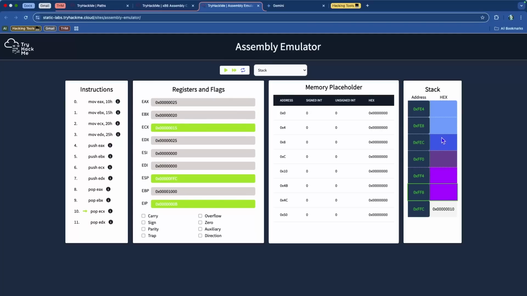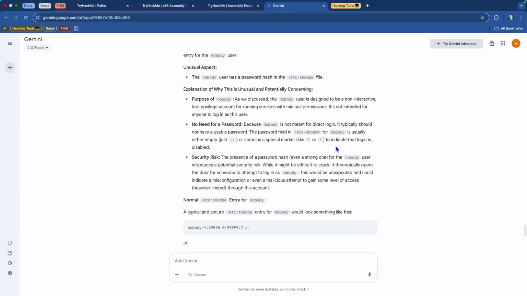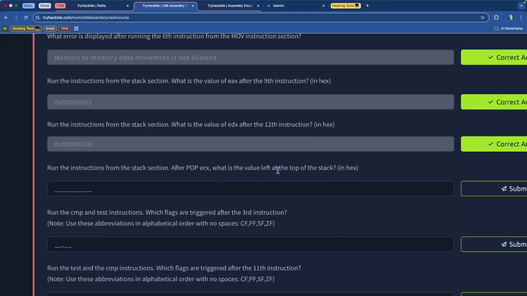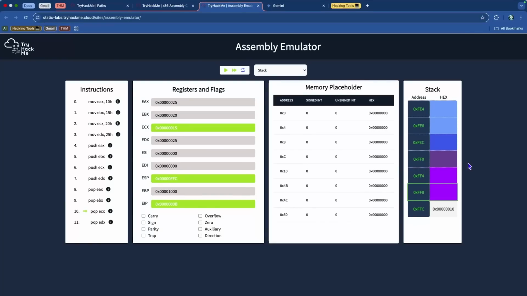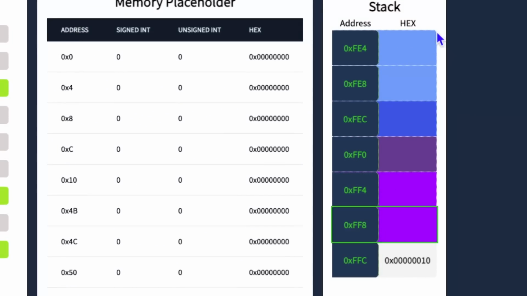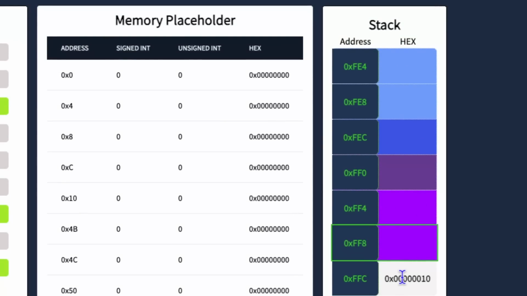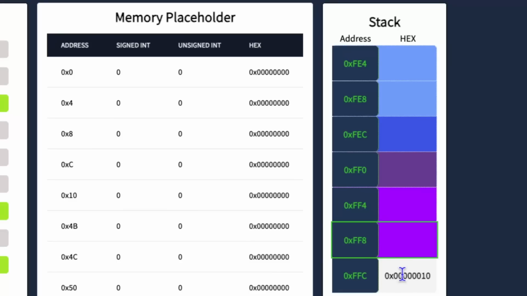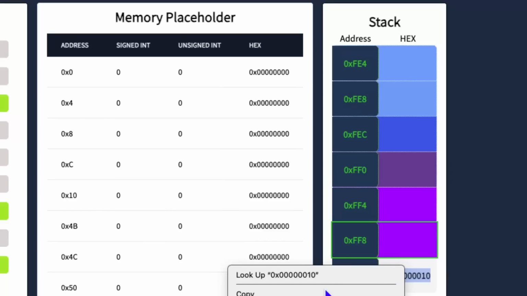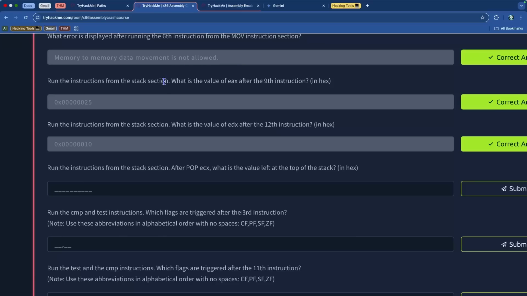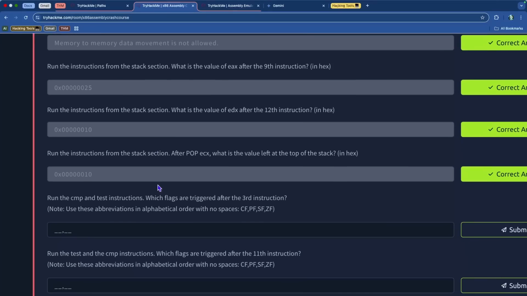What's the value at the top of the stack, right? That's what it's asking in hexadecimal format. So this is the stack right here. And technically, from what I understand, the bottom is the top of the stack and the top would be the bottom of the stack. So I want to say it's this thing right here. So let's see if that's actually the answer. Hopefully that's right. Oh yeah, okay, great.